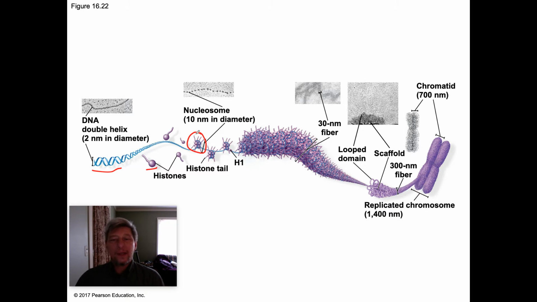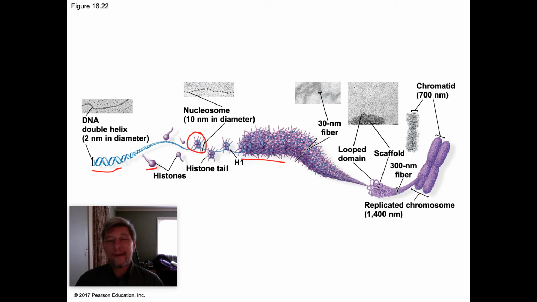Now, the histones themselves pack together, and you can see it gets much thicker. And so the DNA and the histones together are now almost 3 times the diameter of a single histone package, I would say.